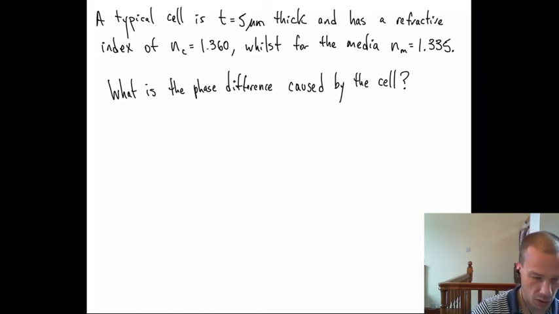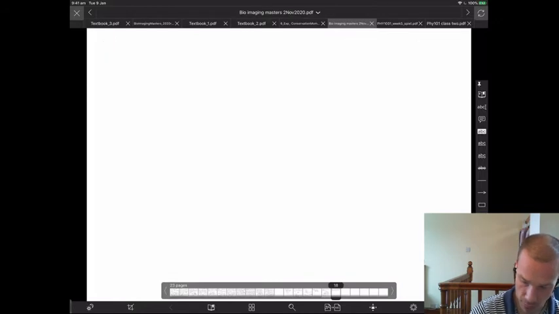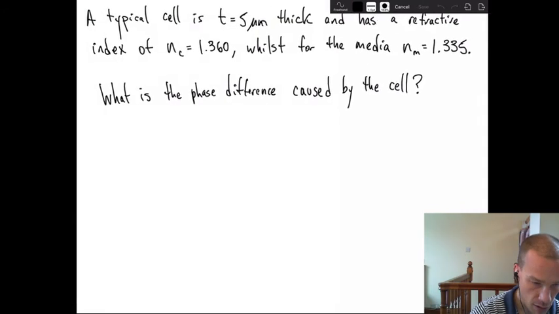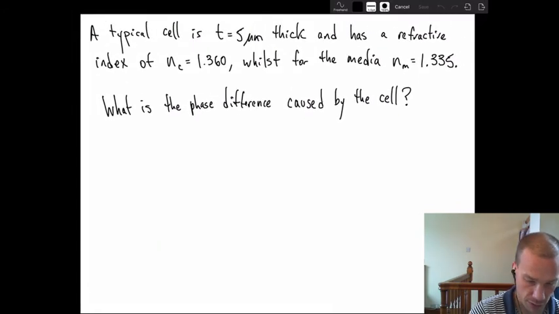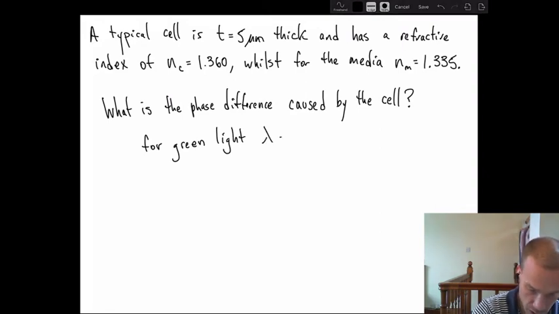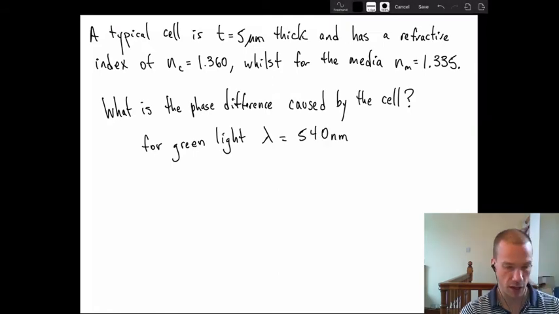So we'll plug this into an equation. First off, we have to assume a wavelength. If we use white light, it's composed, as you know, of many different wavelengths. So for this case, we're going to consider green light, which has a wavelength somewhere in the middle of the range which composes white light. So we have lambda equals 540 nanometers, which is the typical value for green light.